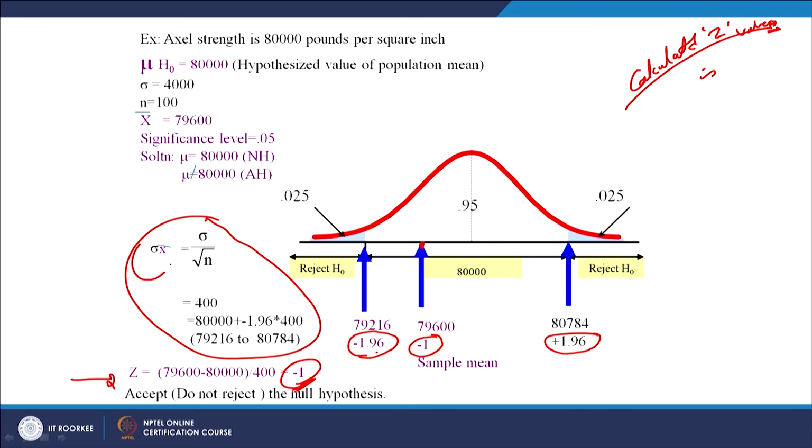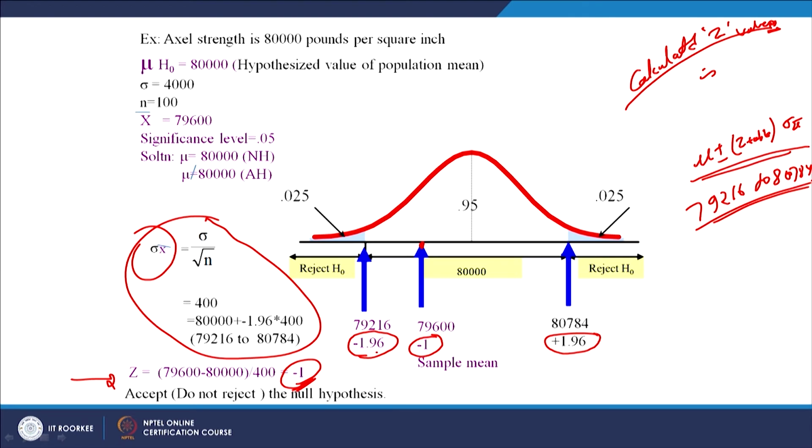You know the standard error of the mean, which is 400. So, population mean plus minus z table value into standard error will give you again some range, which is 79216 to 80784.